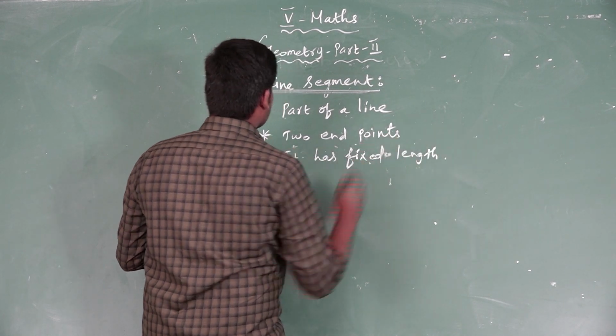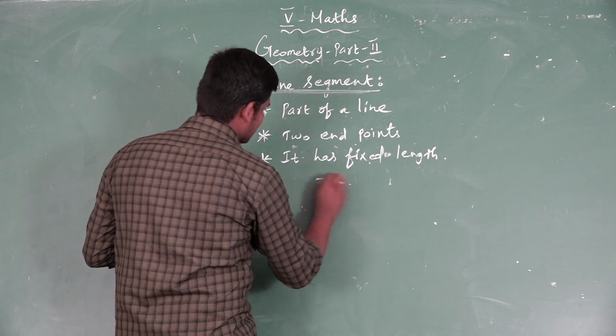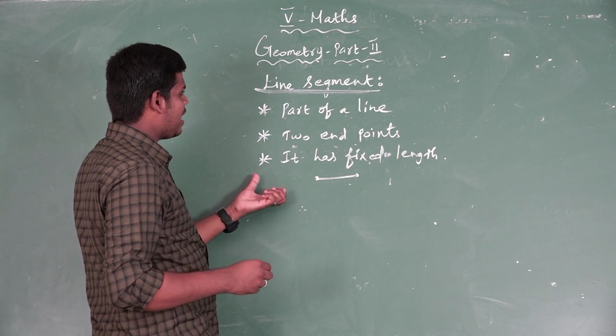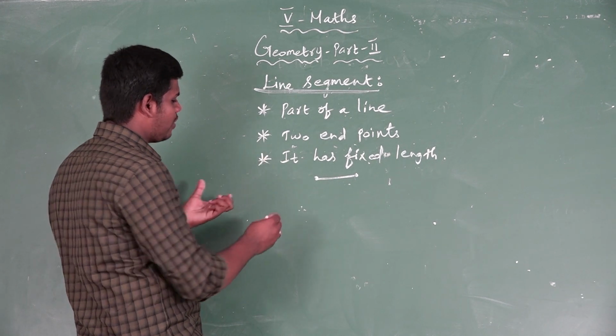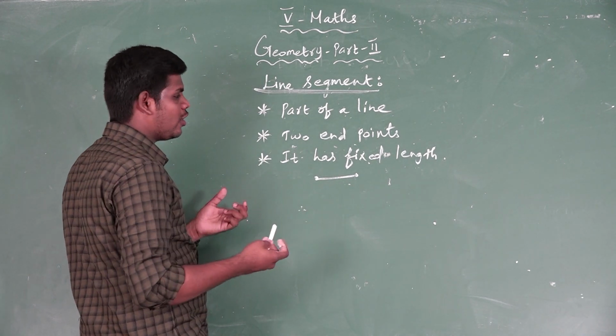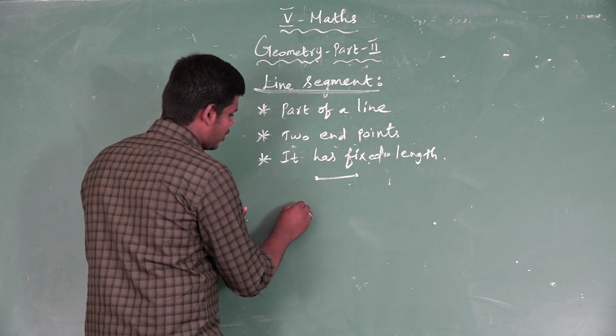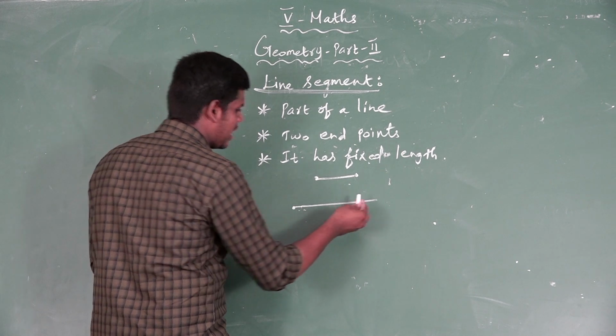The symbol for the line segment is this. If we consider AB as a line segment, how can we draw it? For example, if you want to take 7 centimeter in scale, keep the starting point here, then mark 7 centimeter using your scale and draw.